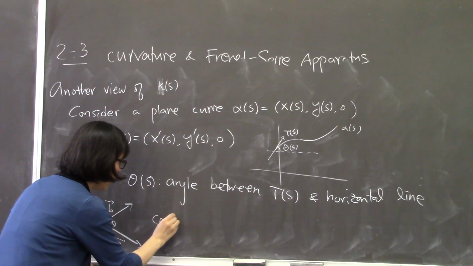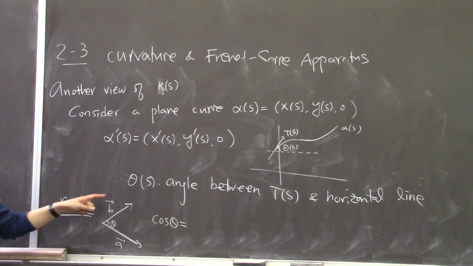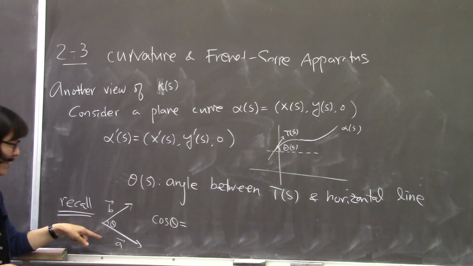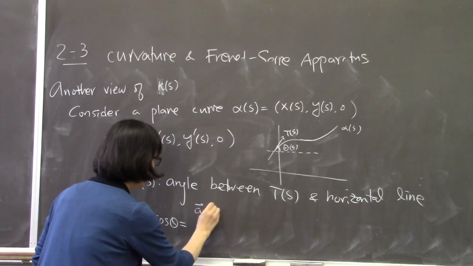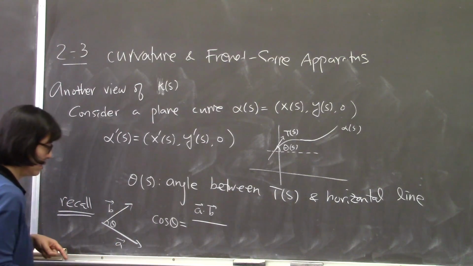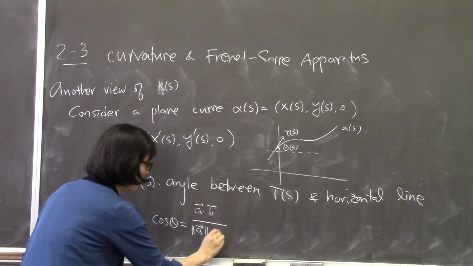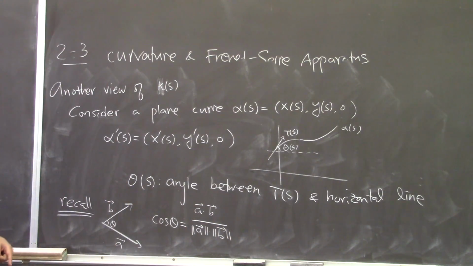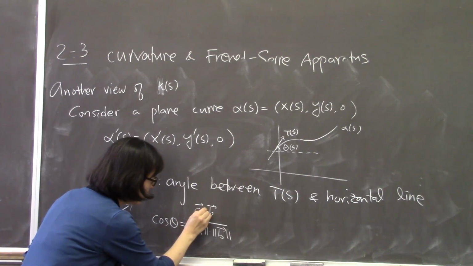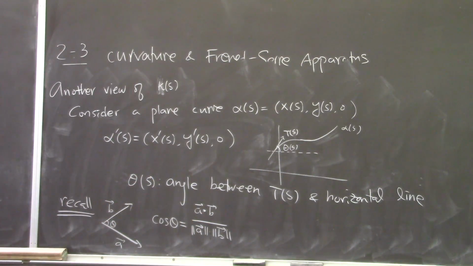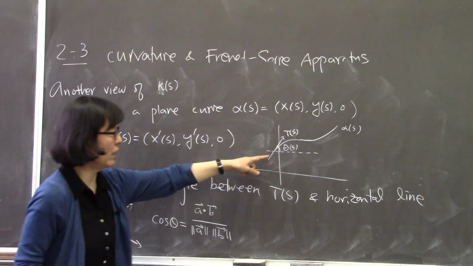Then we have this formula: cosine theta is A dot B, the dot product, divided by magnitude of A times magnitude of B. This is a dot product, this is a multiplication. So we'll be using this formula for that.